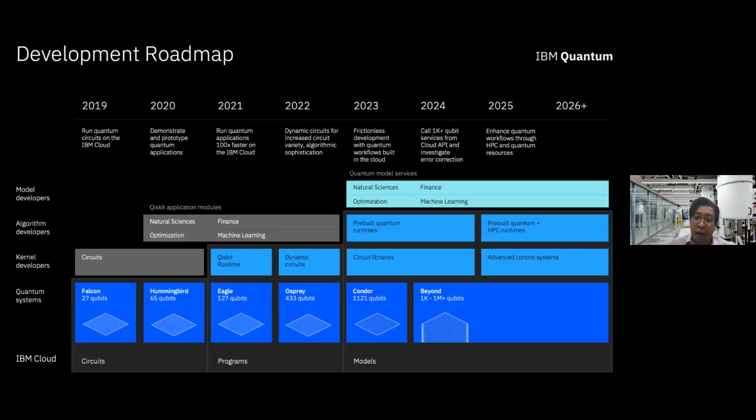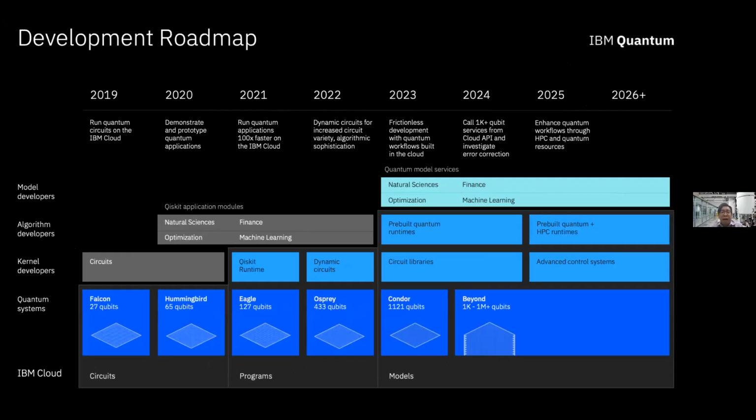And so earlier this year, we released a development roadmap to effectively drive targets for our entire software stack, to drive a broader engagement and to have an expansive reach to different types of developers.